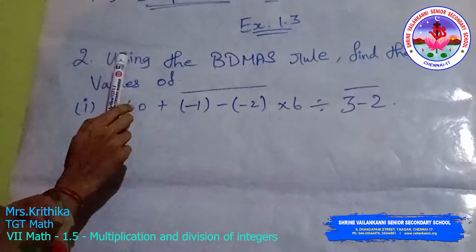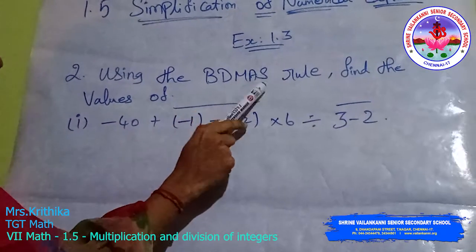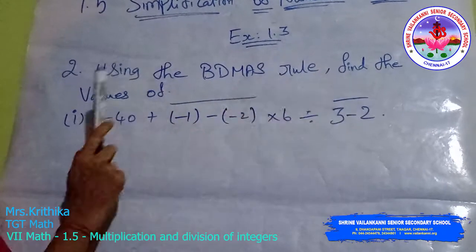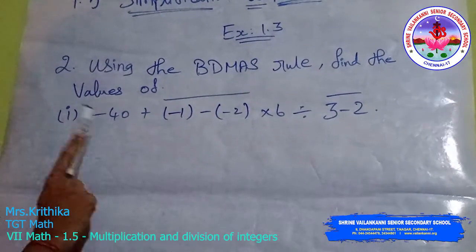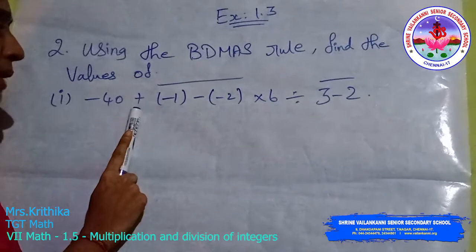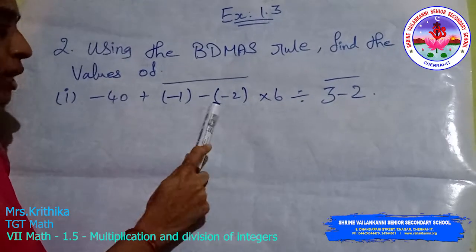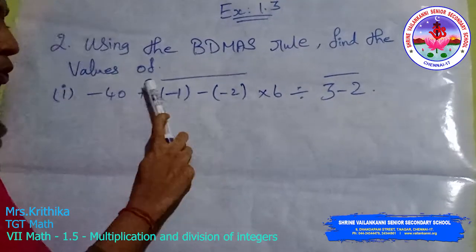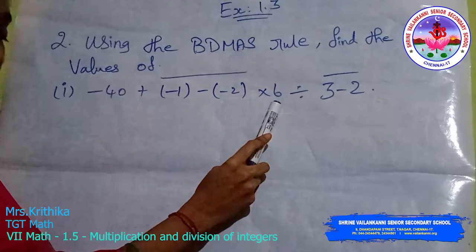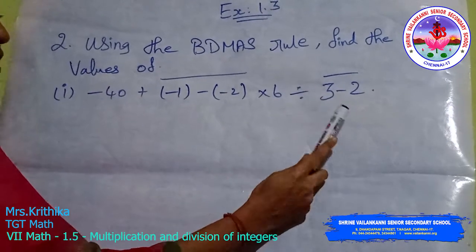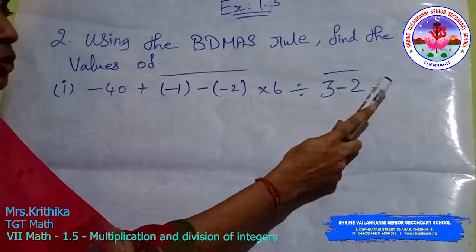Next, second question, using the BODMAS rule, find the values of. First question is minus 40 plus minus 1 minus of minus 2 bar into 6 divided by 3 minus 2 bar.